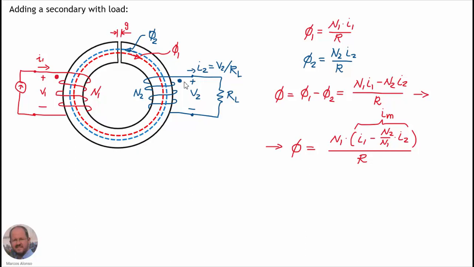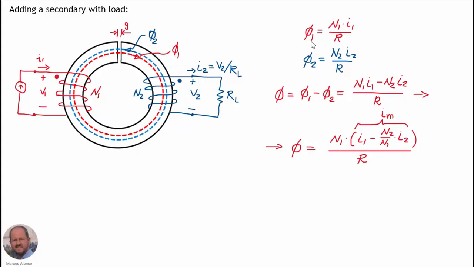So now we are going to have a current circulating through the secondary, and this voltage across the secondary and the current across the secondary are in such a way that they are going to generate a flux phi2, which is opposing the flux of the primary phi1.